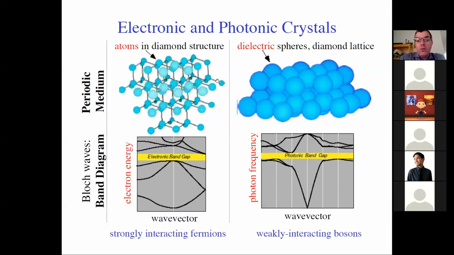So light can do the same thing, and that is why you see these analogies. That is why these diagrams of energy versus wave vector or photon frequency versus wave vector. And remember, the photon energy is equal to frequency times Planck's constant, and electron frequency is energy over Planck's constant. So these things are even more analogous than they look.